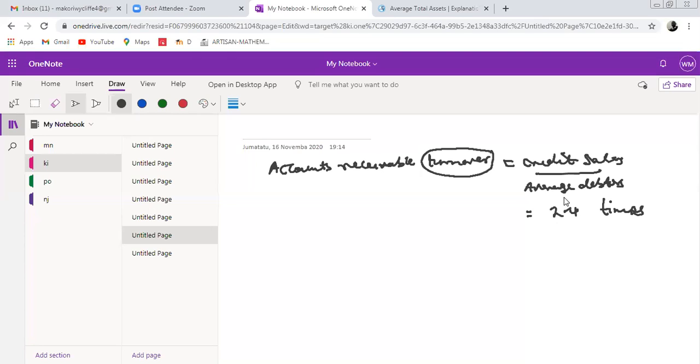If we do that calculation, it is going to give us the number of times. So turnover ratios, which are also known as the efficiency ratios, their answers are given in times. Those are the commonly used ratios under the efficiency.